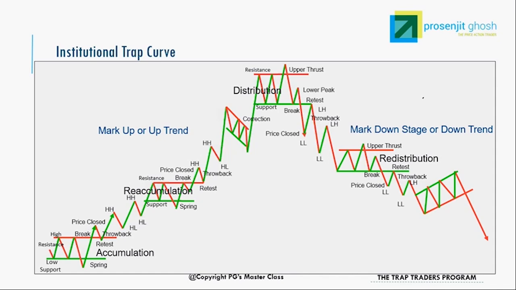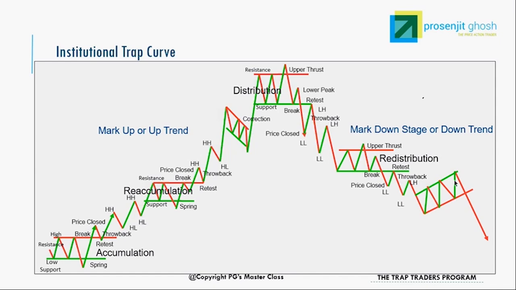Okay, now why this is a markdown stage, and one should not construe this, price making higher highs and higher lows, as a trend change signal. That is the reason the trend followers make so many losses, because they take this as their trend change signal. Okay, so it is not like that. It is not going to happen like that.